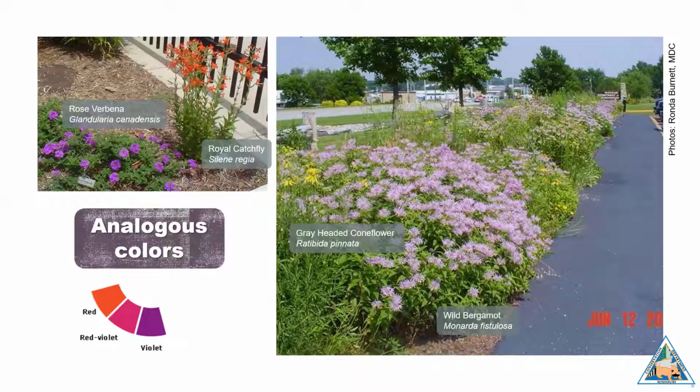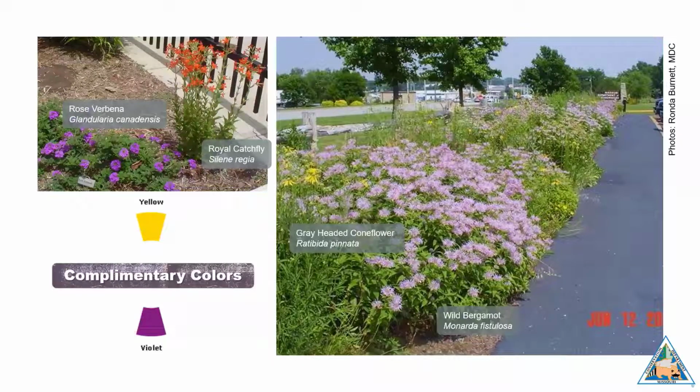These look very pleasing to the eye. So the photograph on the top left of your screen shows rose verbena planted next to royal catchfly. The colors of their blooms are adjacent to each other on the color wheel with the reds to the violets. So they look really good placed next to each other.